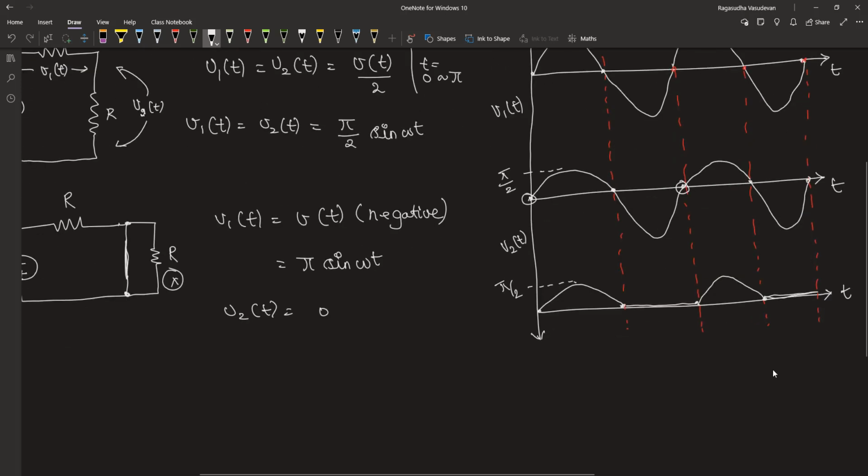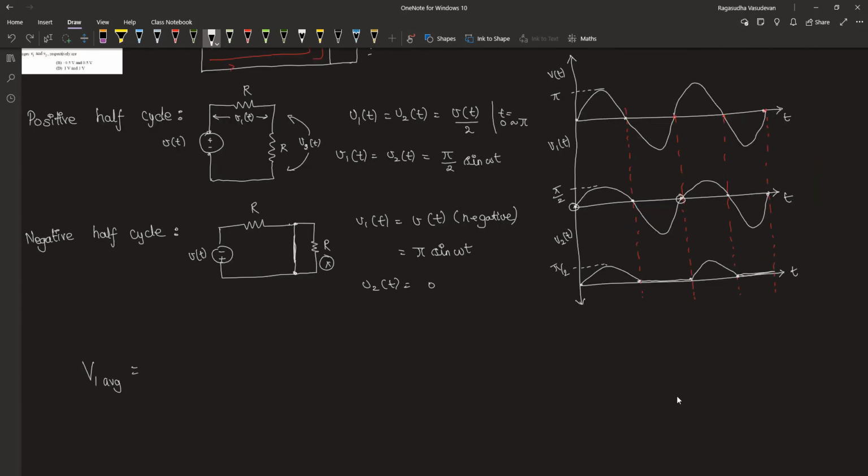Let's calculate that. The value of average voltage of V1 will be 1 divided by 2 pi into the integral from 0 to pi of pi by 2 sin omega t with respect to omega t plus integral pi to 2 pi of pi sin omega t with respect to omega t.